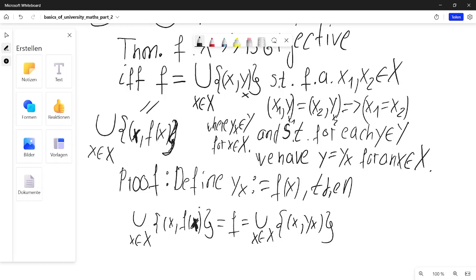This is just this, nothing special. Right, that was for bijectivity.